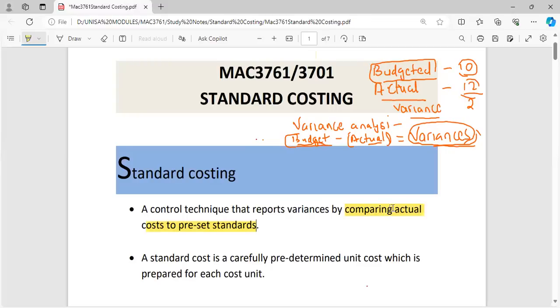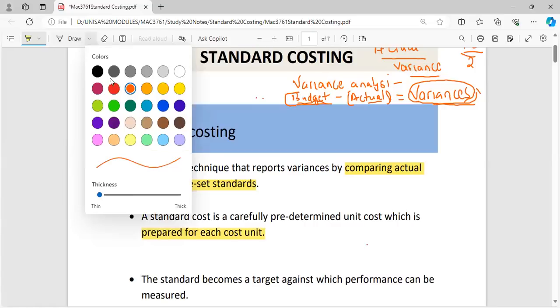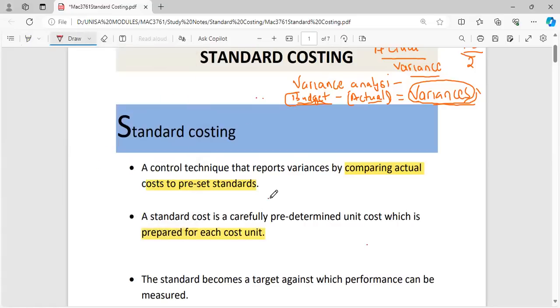So you are going to compare your actual with your budget. Then a standard cost is a carefully predetermined unit cost, which is prepared for each cost unit. Which means at the beginning of the financial year, we must have the figures, the cost that we expect.